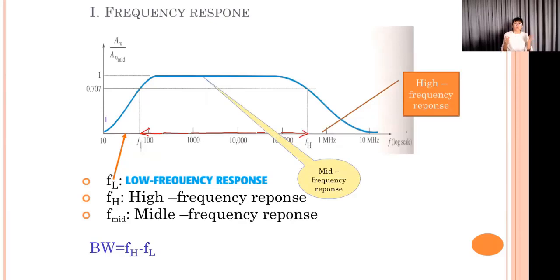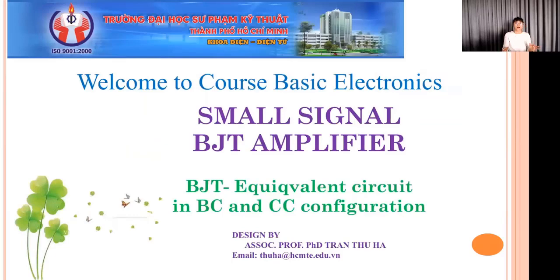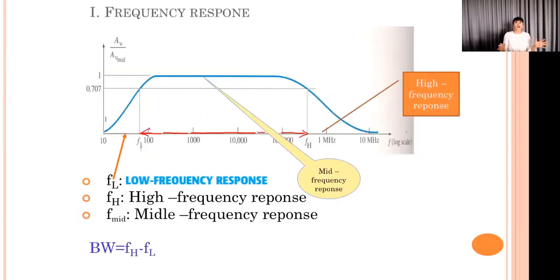The small signal amplifier works in the mid frequency response area. And for the larger signal amplifier, we are counting the whole band pass filter.